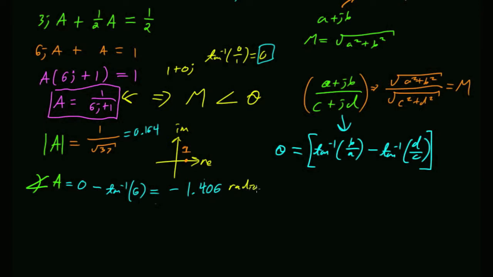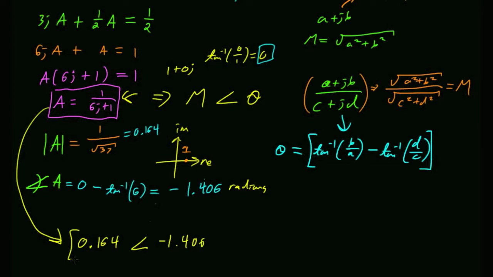Radians. So, in other words, when we solved this, we got A to be 1 over 6j plus 1. Really, another way of writing that same number is 0.164 angle minus 1.406. Right?